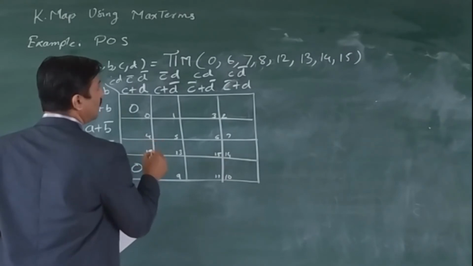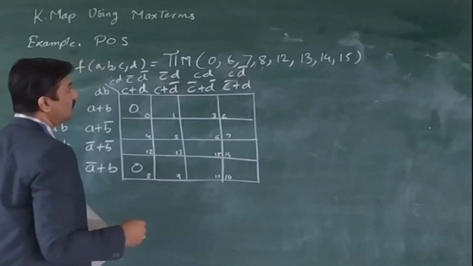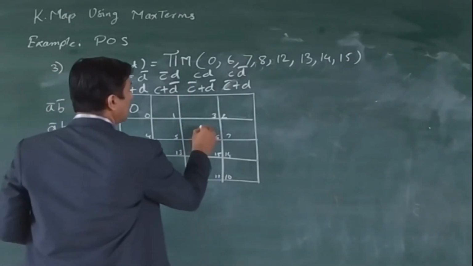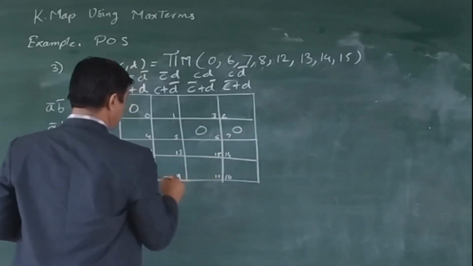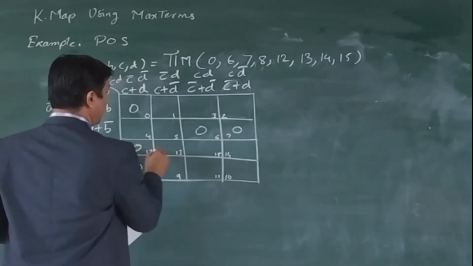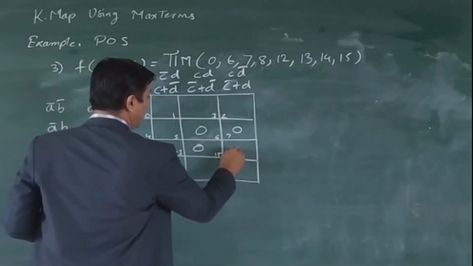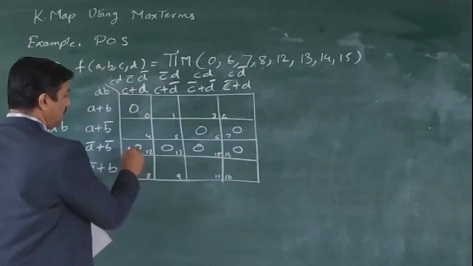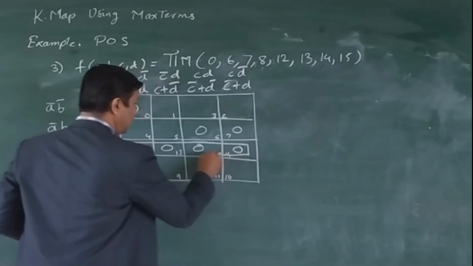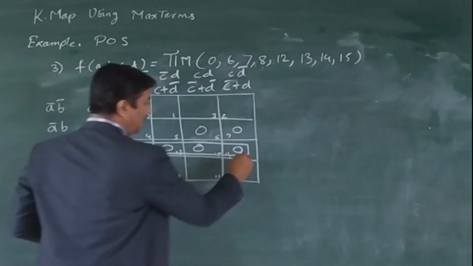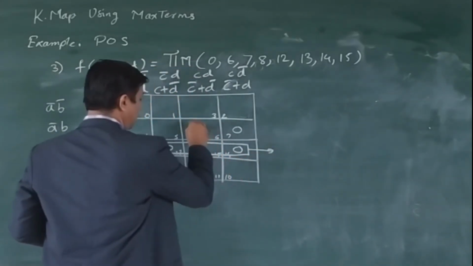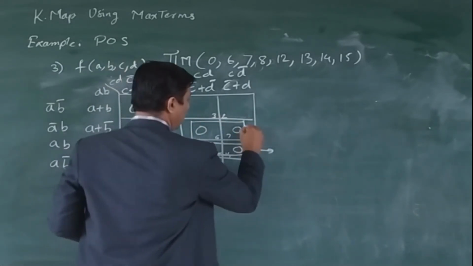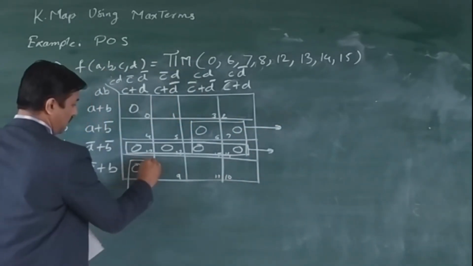Then we have in 6, 7, 8, 12, 13, 14 and 15. Now just group those cells according to the last one here and this one.